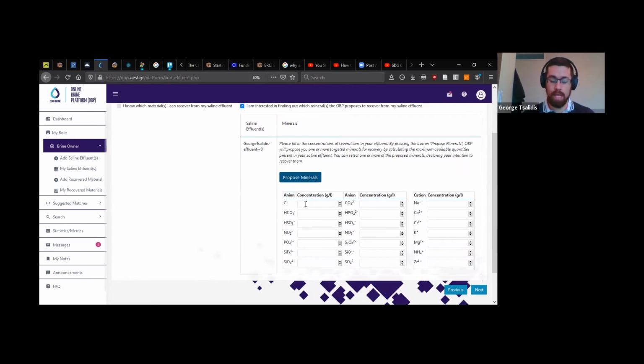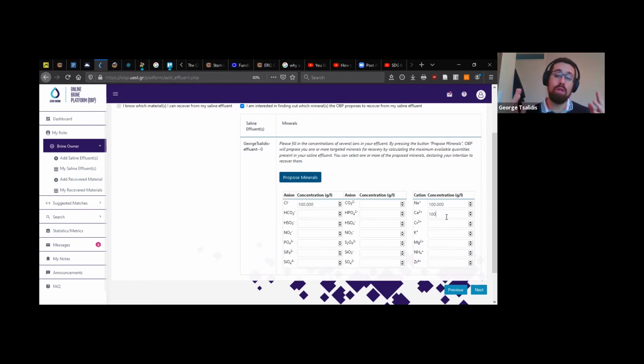So let's say that I have 100 grams per liter of chloride and the same amount of sodium. And let's say for calcium, I have these three elements, anions and cations: chloride, sodium, and calcium.